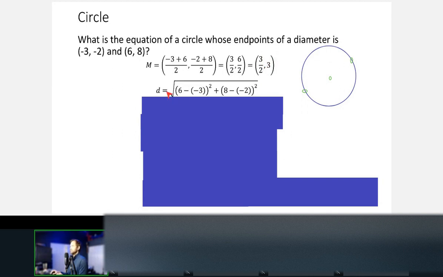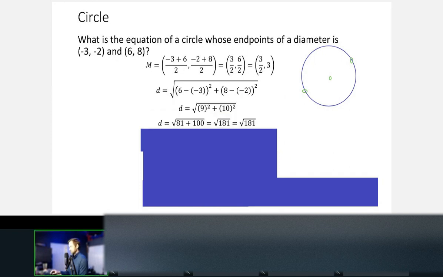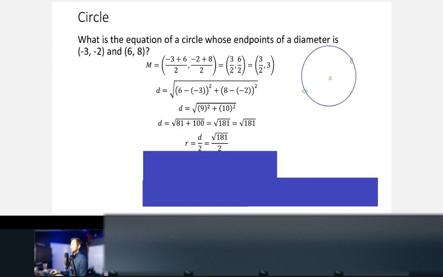So just use the distance of your two endpoints. And then once you find the distance, don't forget to do what to it? Yeah, cut it in half. So I'm just going to quickly show the math to get to there. So we get the distance being the square root of 181, and that does not simplify any further. So we leave it as such.